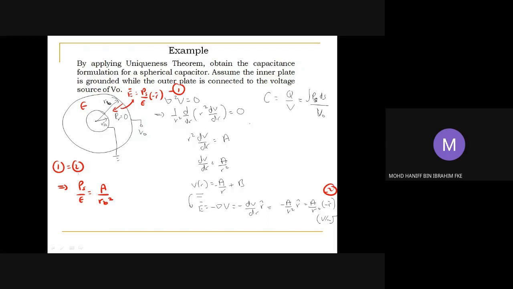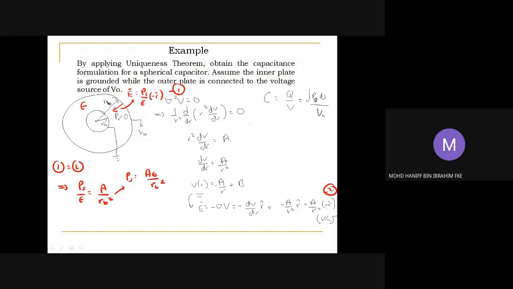The left hand side is obtained from equation number 1, the right hand side from equation number 2. We write the R as RB because the E field is to be evaluated at the boundary of RB. So from here we can write that rho s shall be equals to A epsilon divided by RB squared.